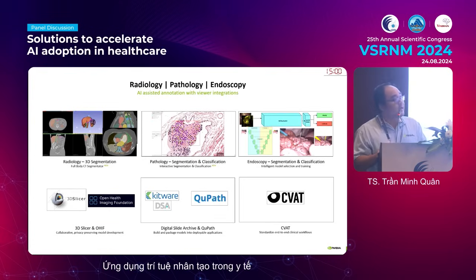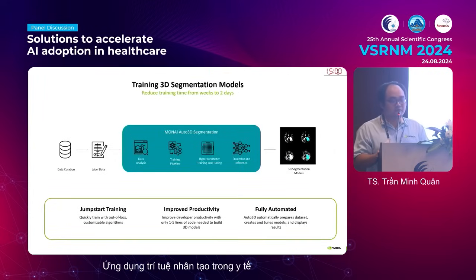For the Open Health Imaging Foundation, or OHIF viewer, we also have a plugin so that the viewer can render the image directly on the website. We are also working with many big companies like Kitware and other community toolkits like CVAT, the computer vision annotation tool, so that it can be freely distributed and you can integrate it into the tool that you desire to work with.